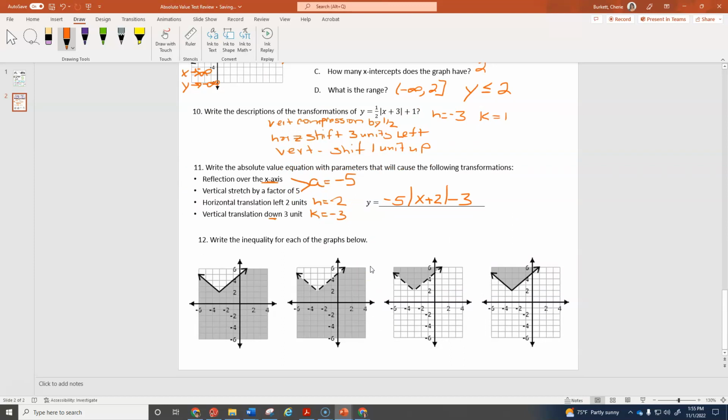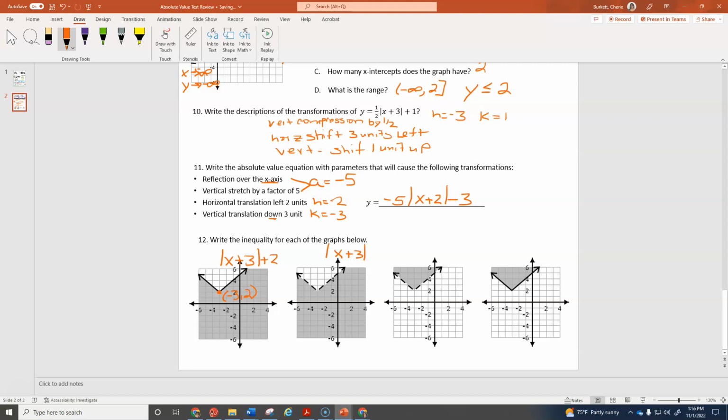Okay, so it looks like these are all the exact same thing. They all have a vertex at -3, 2. So that means they're all going to be x plus 3 plus 2. That's going to be the absolute value bars part.